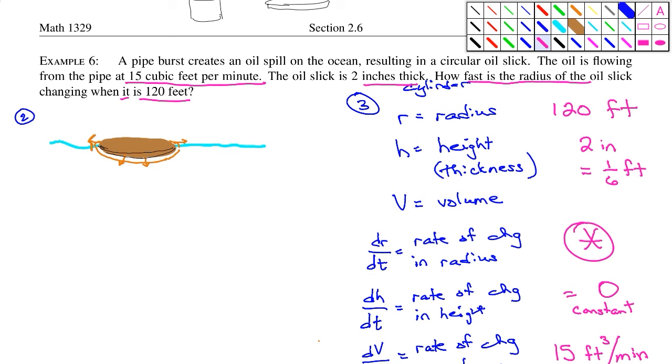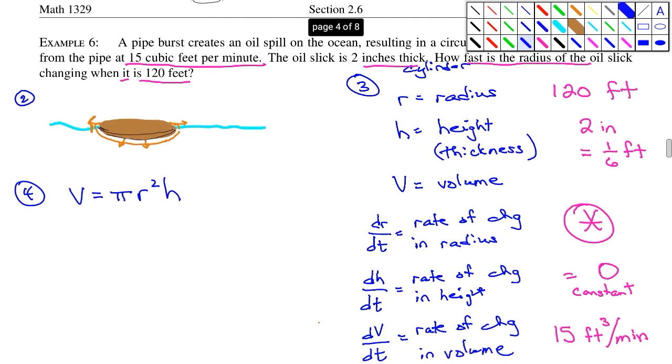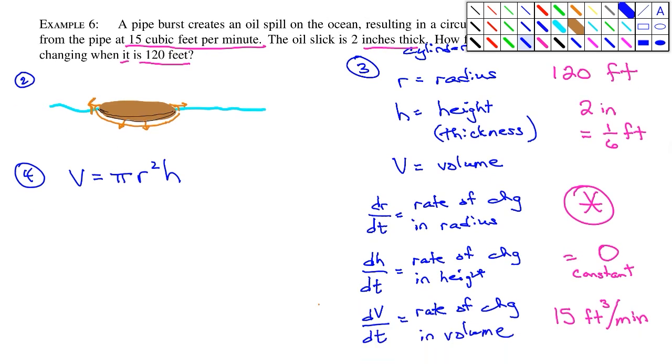All right. Step 4, we need the equation. So the equation of a cylinder's volume is pi r squared h. I would give you that one. That one's a little complicated. But there's something else going on here. Remember that the h is constant. So we can actually simplify this work a little bit by putting in the h as a constant.